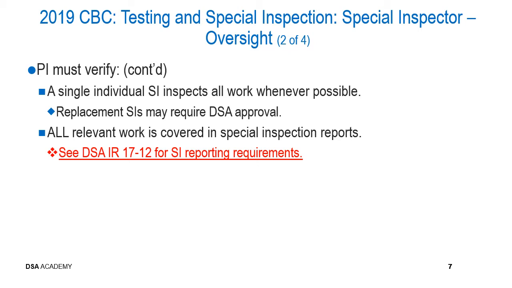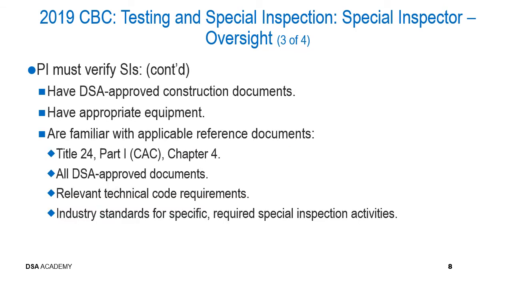The PI needs to verify that all work requiring special inspection is actually inspected, and when the responsibility is shared, which individual is responsible for each part. And then work done off-site needs to be appropriately tagged or marked off by the special inspector. The PI also needs to verify that the special inspectors have a copy of the DSA approved construction documents.